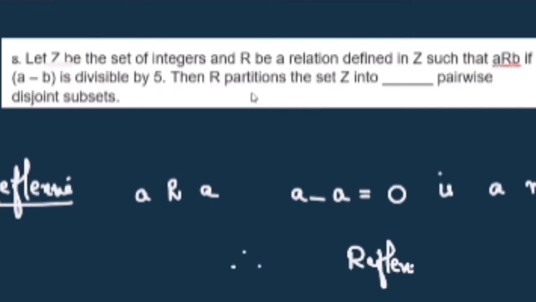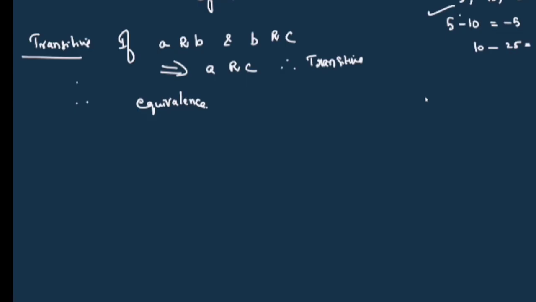Now, the question is: the relation partitions Z into dash pairwise disjoint sets. When you divide a number by 5, what are the remainders you get? You will get 0, 1, 2, 3 or 4. That's all.